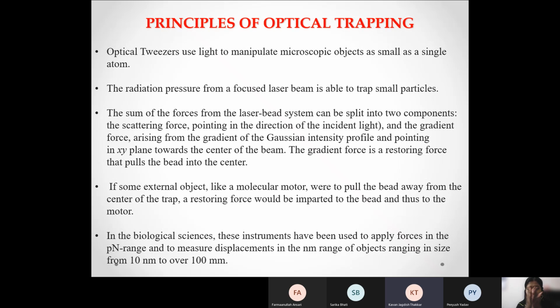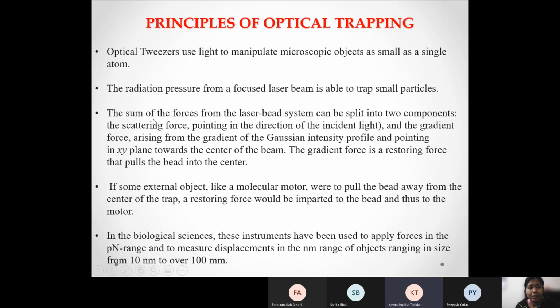That is, at the center of the laser spot, you would have the maximum intensity of light, and as you go towards the side, the intensity decreases exponentially. So maximum intensity at the center, and lower intensity toward the side. This creates a gradient of light intensity.